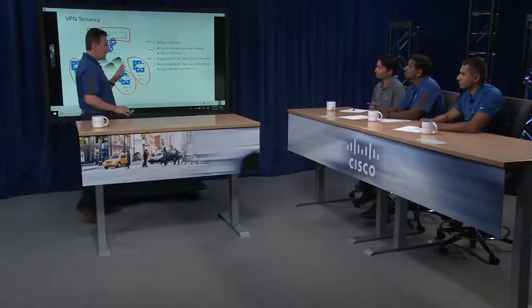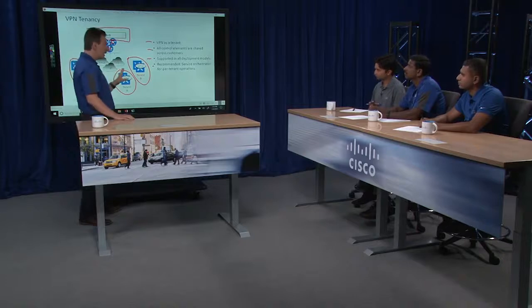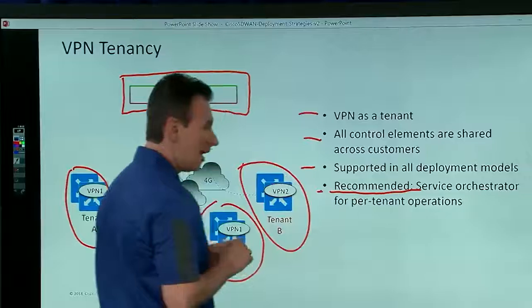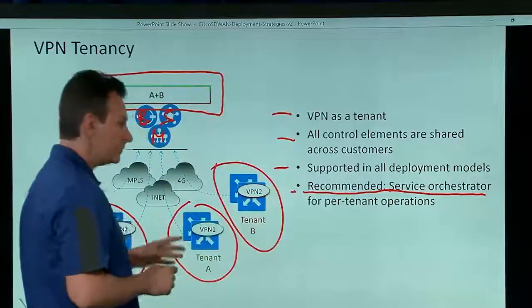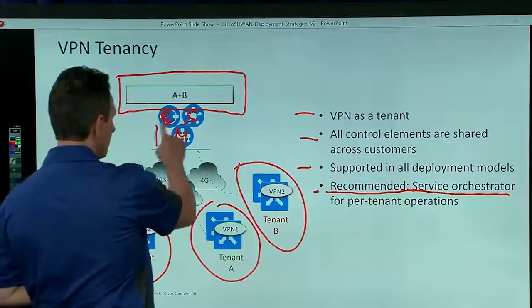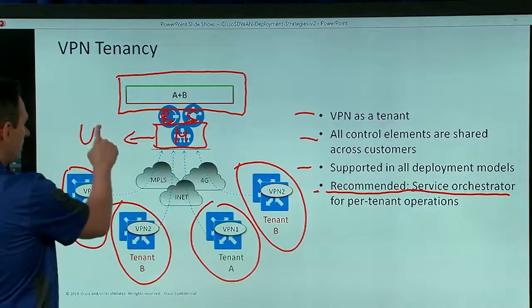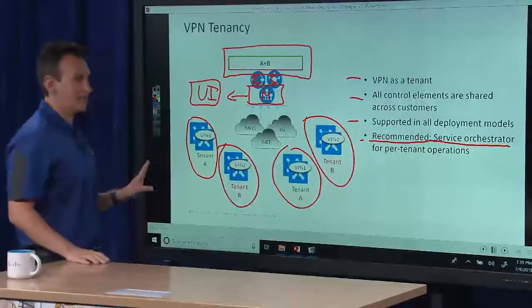So we did have certain conversations with managed service providers that wanted to treat VPNs as tenants, yet they have to be mindful that it is recommended to have some sort of service orchestration capabilities in order to build on top of vManage and expose a user interface which would be treating VPNs as tenants.